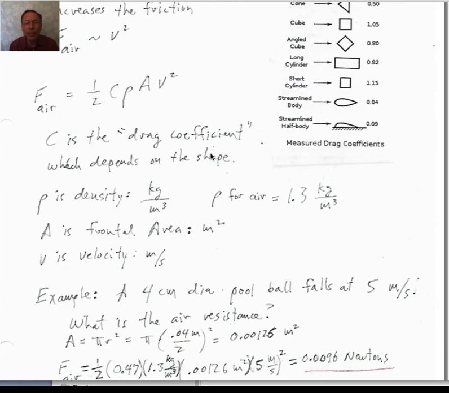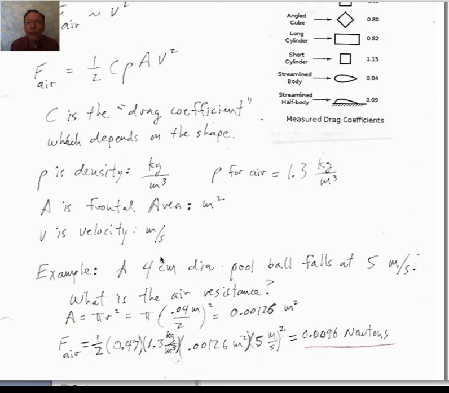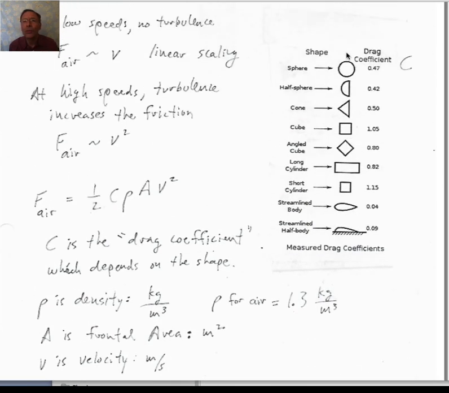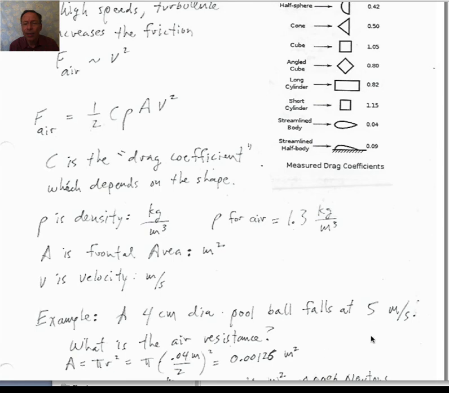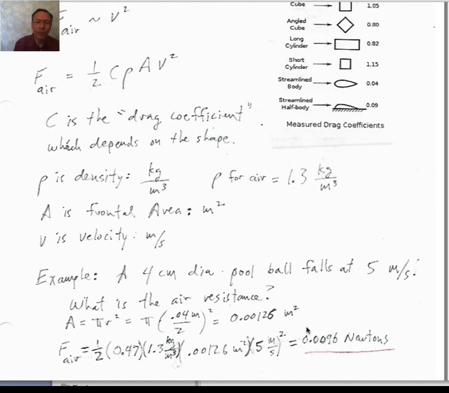That's the process. And here's a little example. I've got a pool ball, so we're going to use the sphere, and it's falling at 5 meters per second. What's the air resistance going to be? I figure out the frontal area of the pool ball. It's pi r squared, which you plug in and you get 0.00126 meters squared.